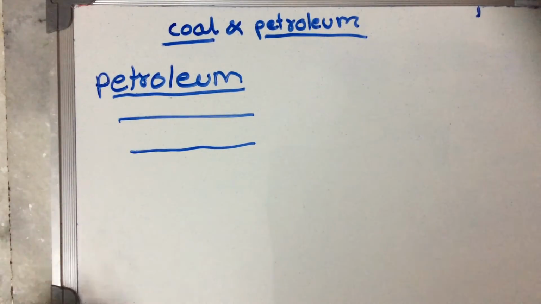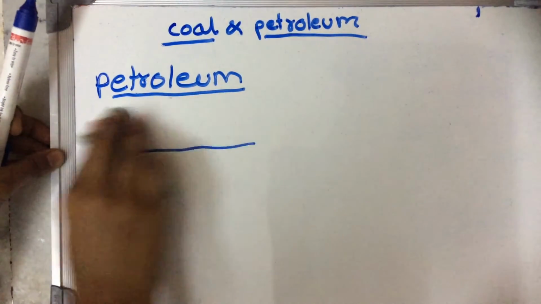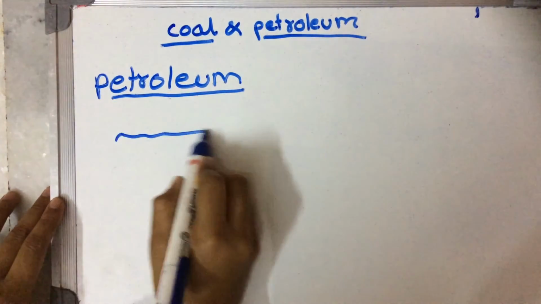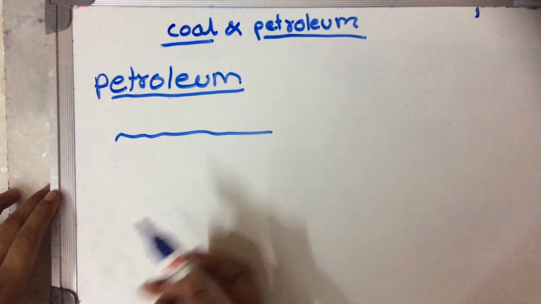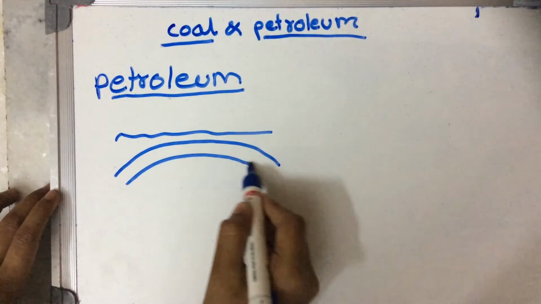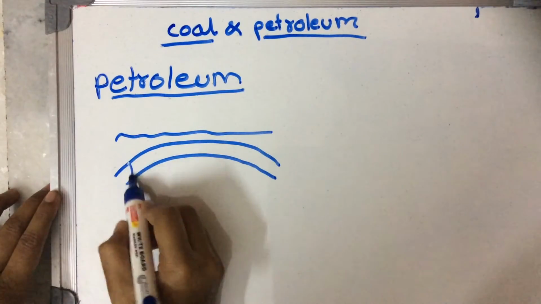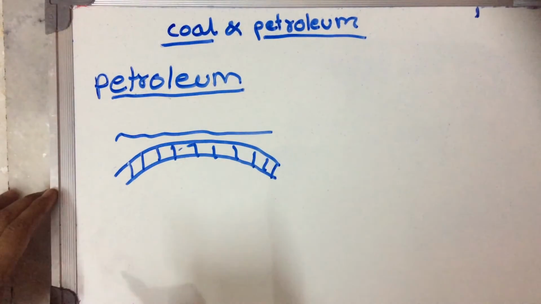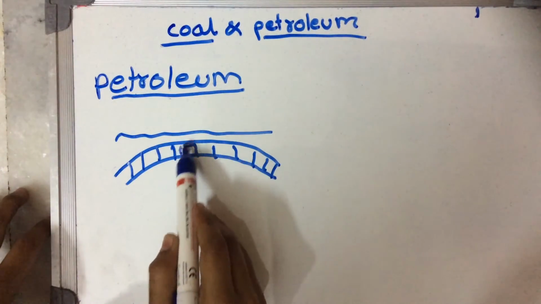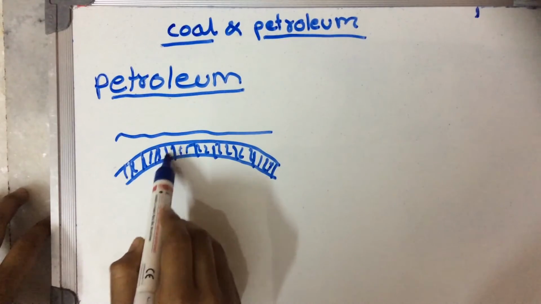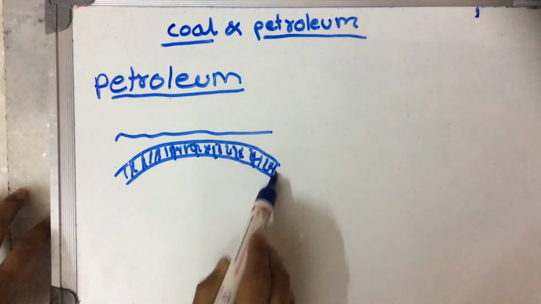If you go to an oil well and ask for a cross-section picture, they will show you this. There's water and there's rock. This is impervious rock, meaning it can't be penetrated by water, or any liquids or solids can't pass through it.